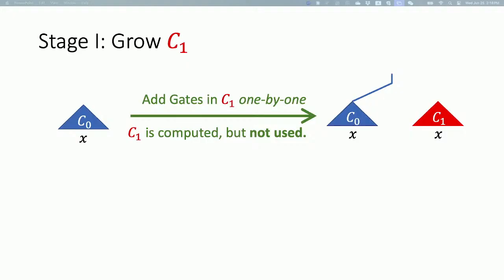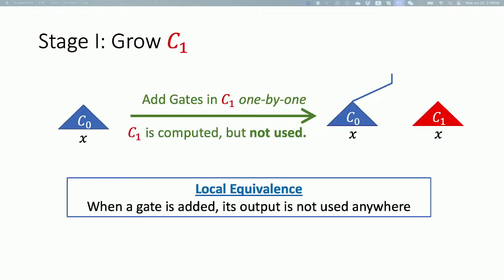But note that in every step in this stage, when I add a gate, the output of the entire circuit is still set to be C0. You can imagine this can be achieved by setting the output wire of C1 to be 1. Then the entire circuit will compute a big AND in the end, but C1 doesn't affect the output of the entire circuit.